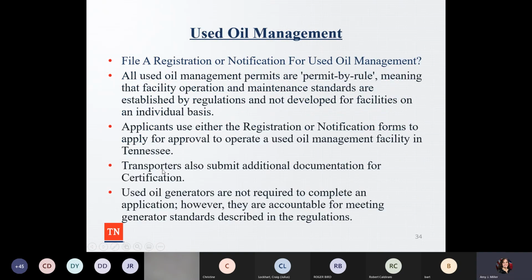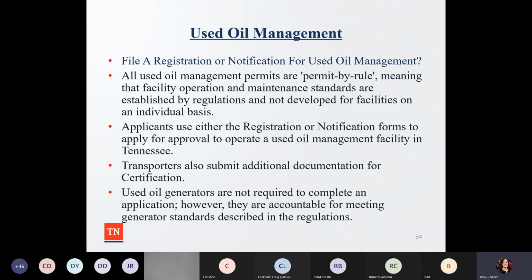So used oil management. This is one that maybe a lot of times people don't necessarily think about, but you have to file a registration or notification for used oil management. All used oil management permits are permit by rule, meaning that the facility operation and maintenance standards are established by regulations and not developed for facilities on an individual basis.